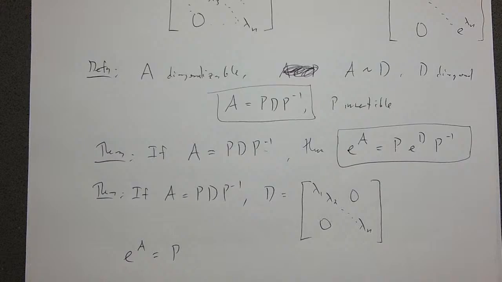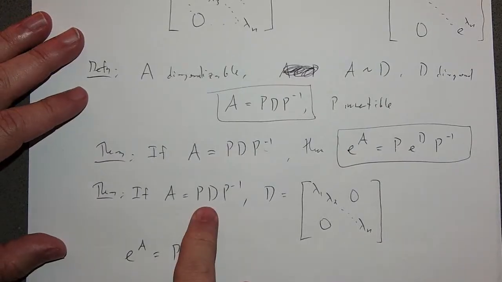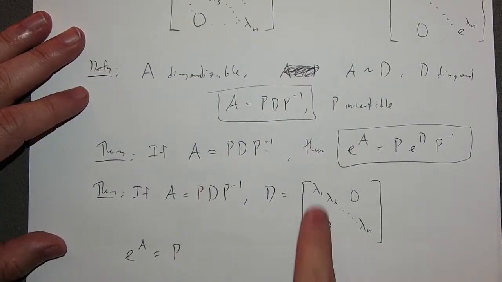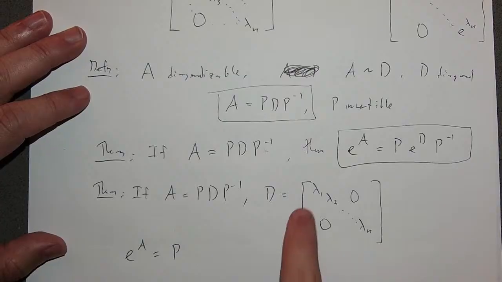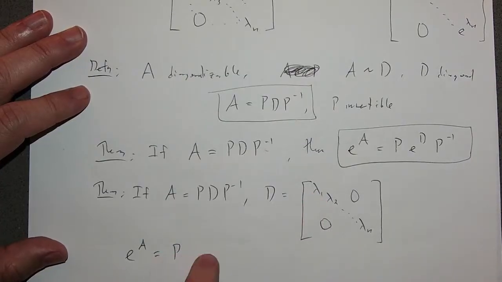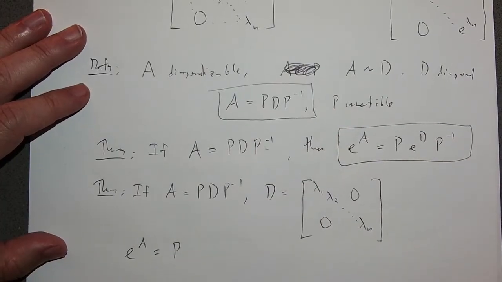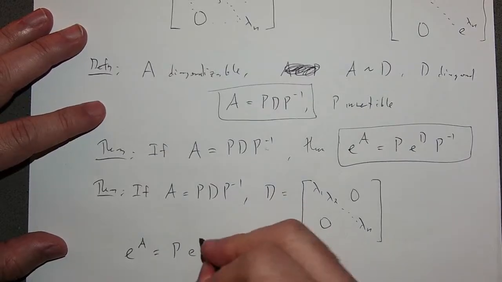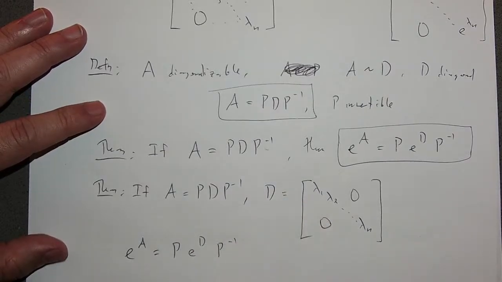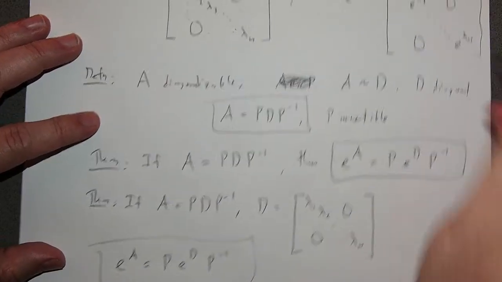P consists of the n linearly independent eigenvectors that you get from diagonalizing A. So you find all the eigenvalues of A, and all the associated eigenvectors, that is, you find the dimensions of each of the corresponding eigenspaces. The dimension count will work out in the event that A is diagonalizable, so that you will get enough linearly independent eigenvectors to fill out an n by n matrix P. Necessarily, it's going to be invertible because the eigenvectors are linearly independent. So this is going to be P e to the D P inverse, but e to the D is very easy to compute here. It's just this, right?